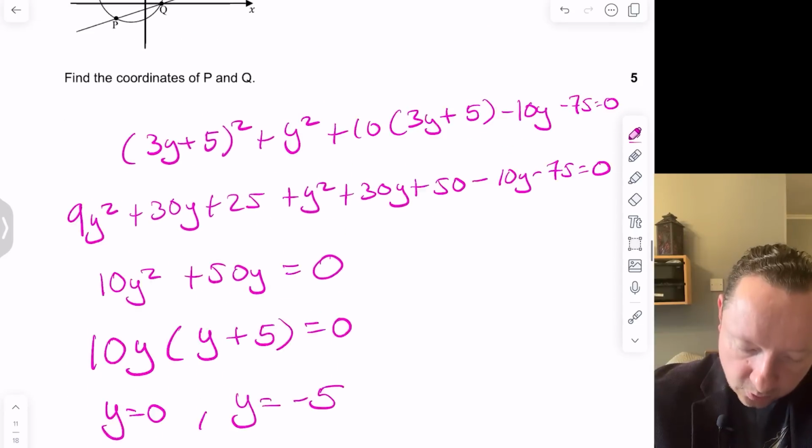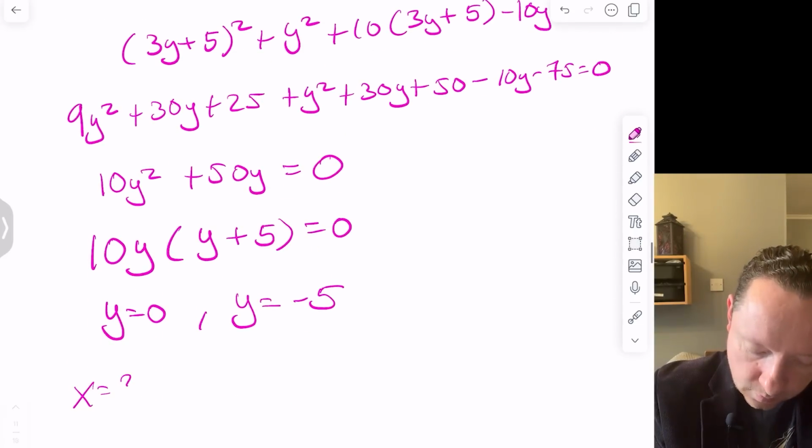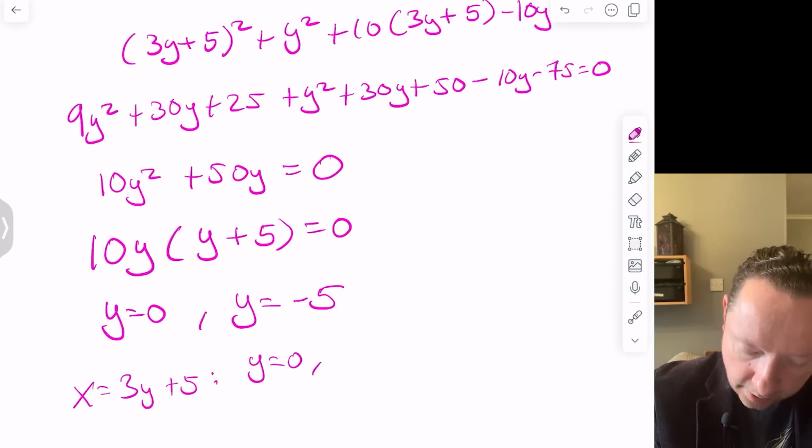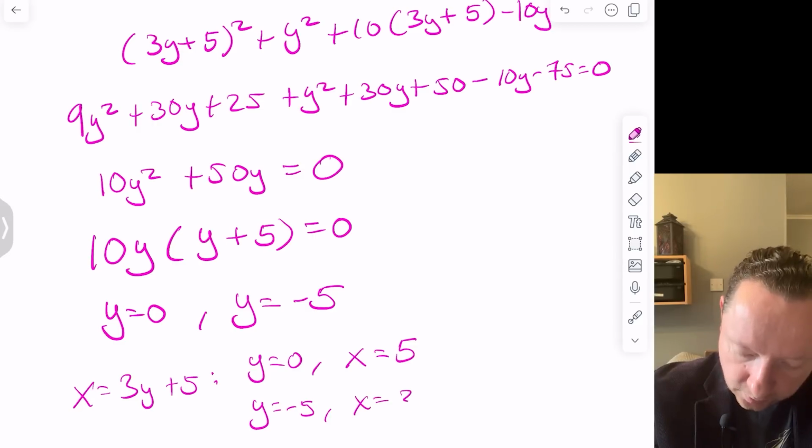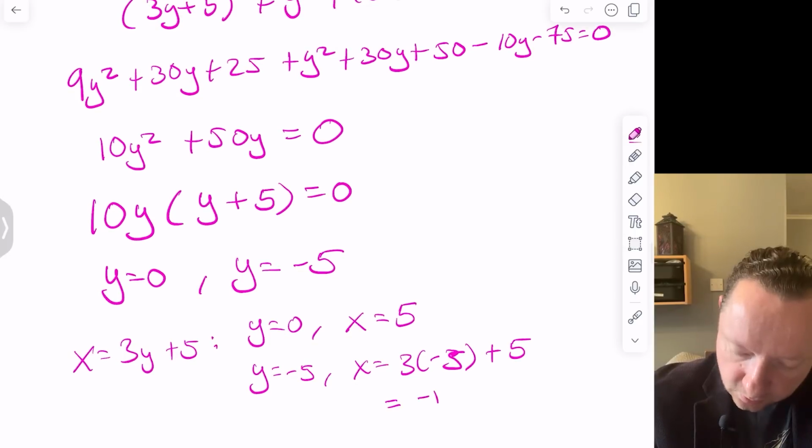x equals 3y plus 5. So at y equals 0, x equals 5, and at y equals minus 5, x equals 3 times minus 5 plus 5. Well, that's minus 15 plus 5. That's minus 10.